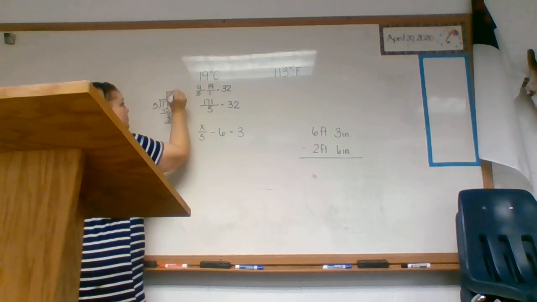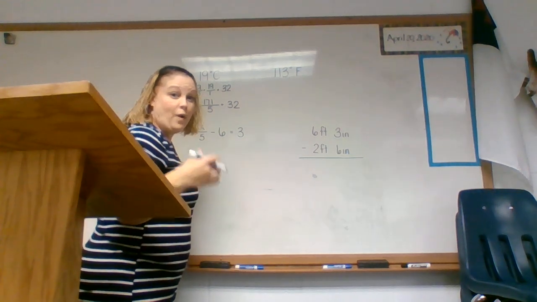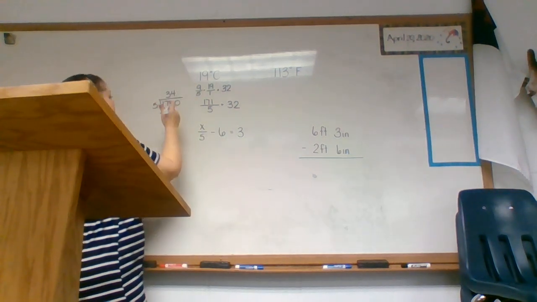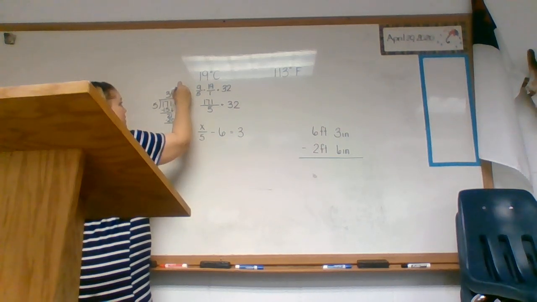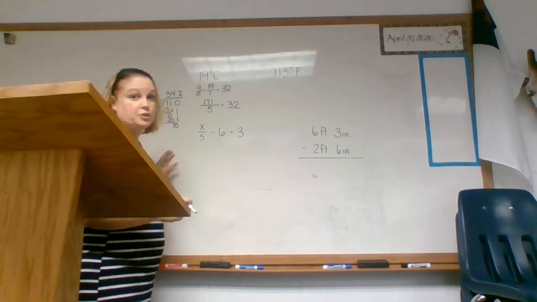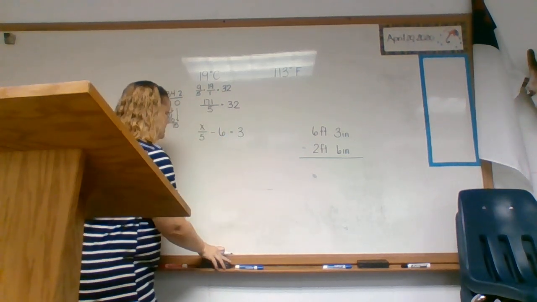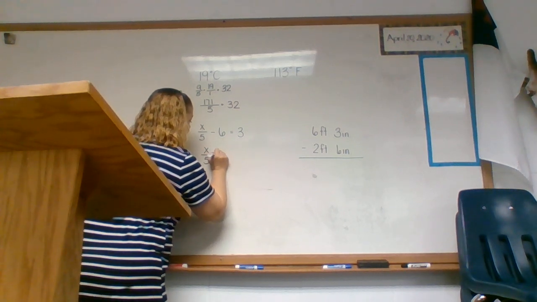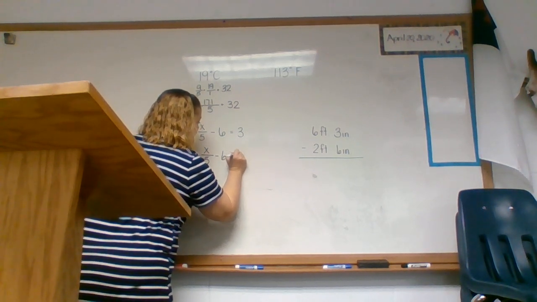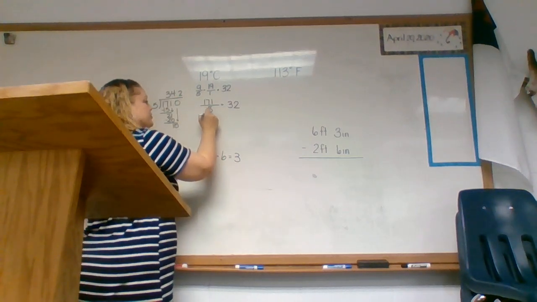I'm going to put a decimal point and a 0 because I'm going to go one place so that I know where I'm going to round my temperature to. All right, 34.2 is closest to 34. So we're going to round that to 34.